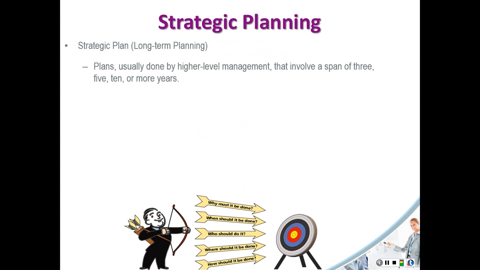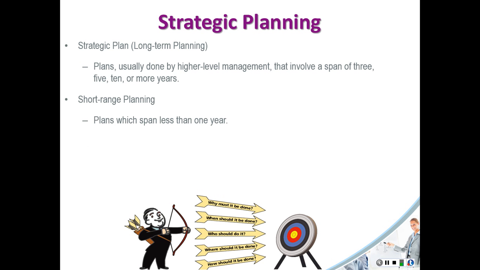Strategic long-term planning. Plans that are done at the higher level usually, even though the author says 3, 5, 10 or more years, most of them are 5-year strategic plans. Most businesses make what's called a 5-year plan. They want to say, what has got to be done, when, who should do it, how should we do it, how are we going to get there, what's our goal, where do we want to be in 5 years.